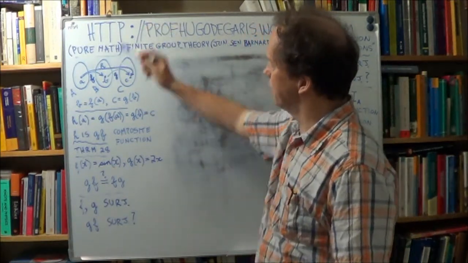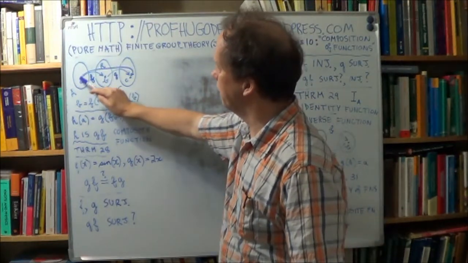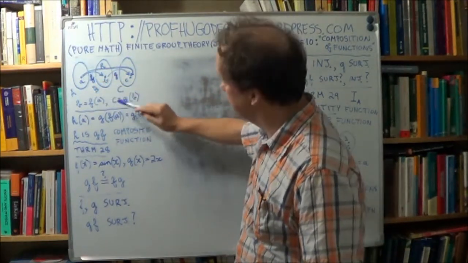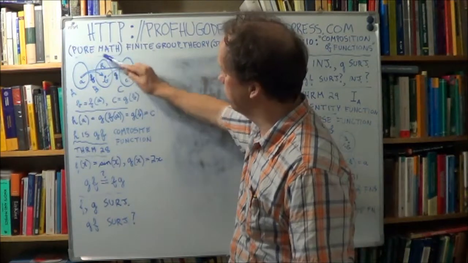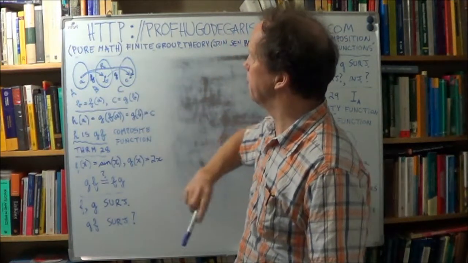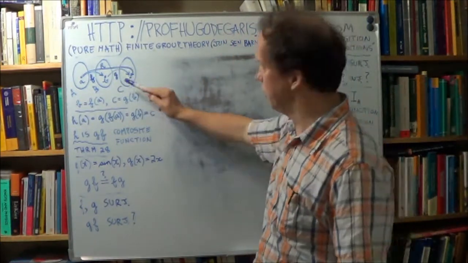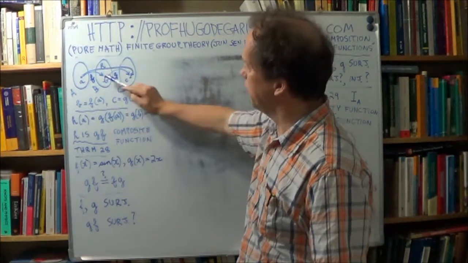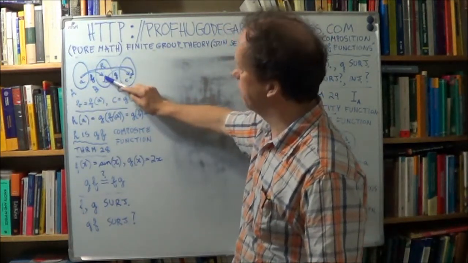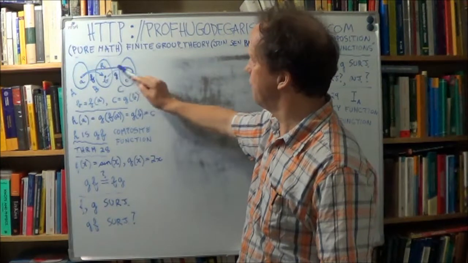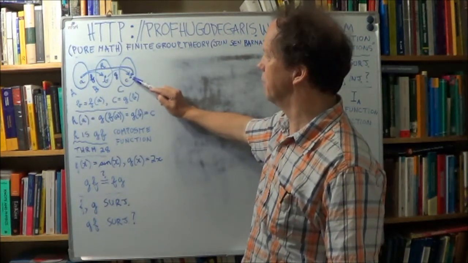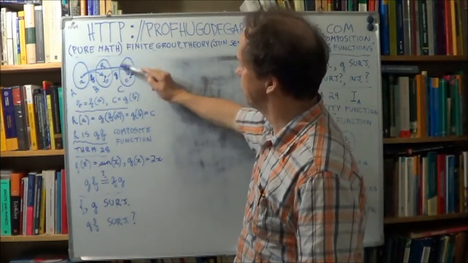And what happens is that F maps little a from your domain to this member B of your codomain of big set B. And then we have a second function, G, here, which takes that element B and maps it to a third element, C, in this third set.